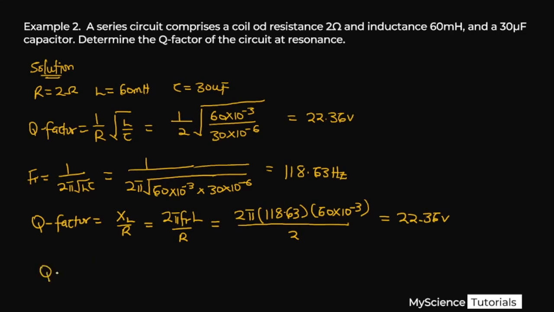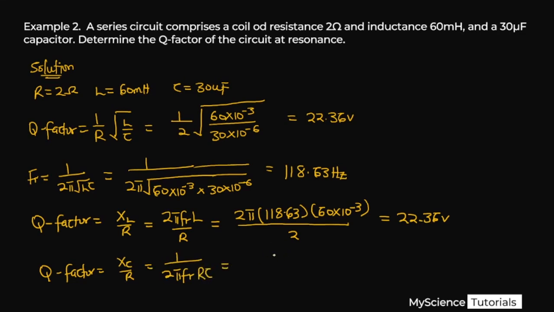Or we can say Q factor again is equal to XC over R, which is equal to 1 over 2 pi resonance frequency RC.